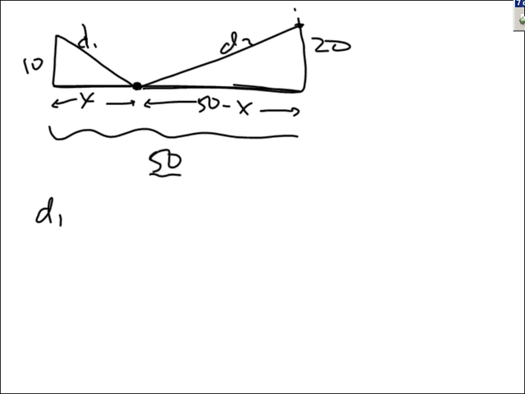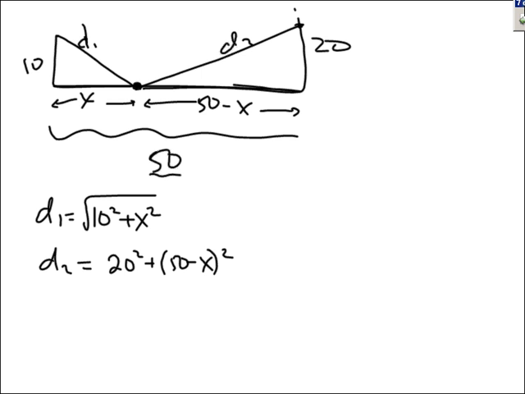Well, D1, Pythagoras would say, is the square root of 10 squared plus x squared. And D2, Pythagoras would say, is the square root of 20 squared plus (50 minus x) squared.